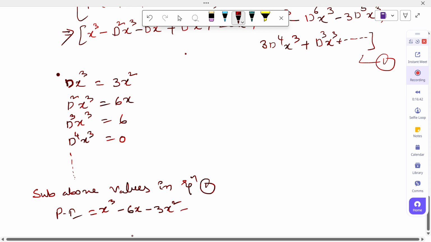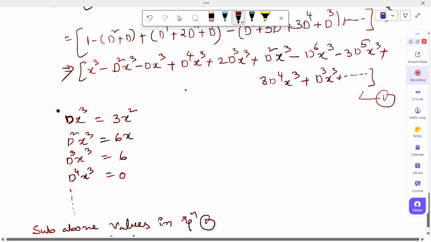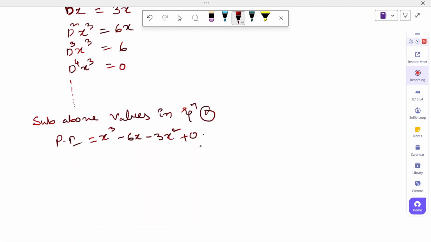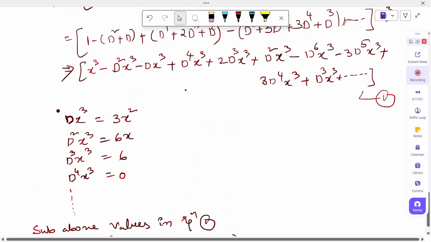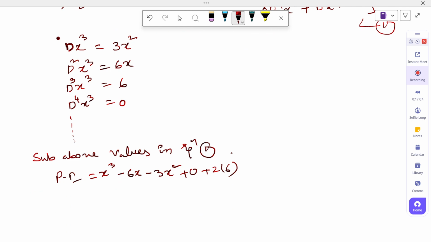Plus 0. Next is also 0. Now 2 into d cube x cube is equal to 6, 2 into 6 is 12. Next term, d square x cube is equal to 6x, plus 6x.